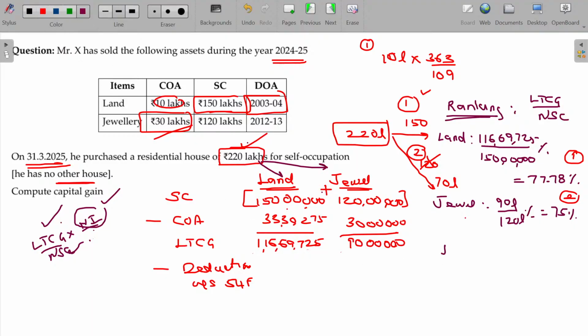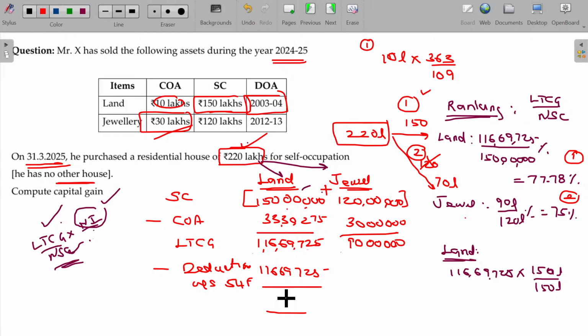Now I am going to calculate for the land under section 54F. Using this formula, long-term capital gain here being 1,16,69,725, multiplied by net investment being 150 lakhs, divided by net sale consideration also 150 lakhs. So 100% you can claim the deduction here. 1 crore 16 lakhs 69,725 you claim as deduction, so nothing is taxable.